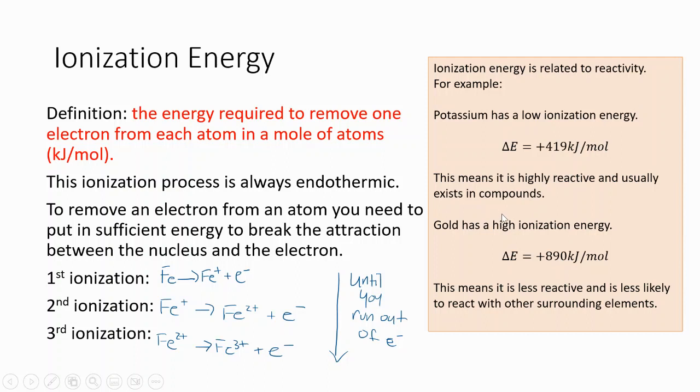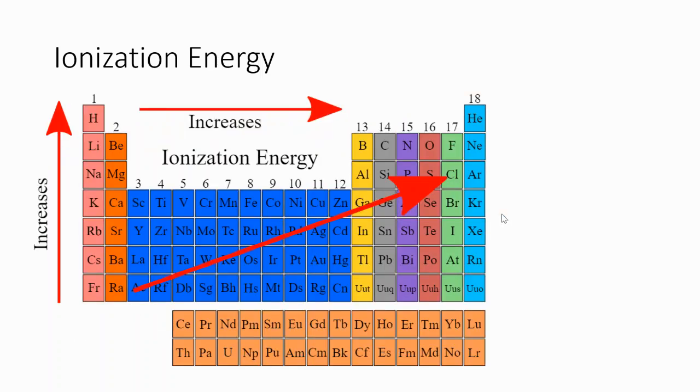Gold, however, has a high ionization energy of 890 kilojoules per mole, so it takes a lot more energy to remove an electron from a gold atom. This means it is less reactive and it is less likely to be found as a compound with surrounding elements.